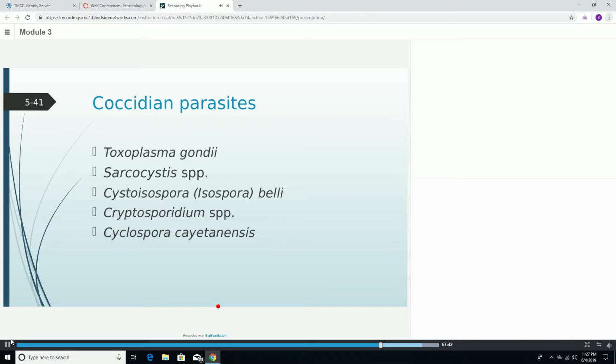So let's just jump into them. Some of the parasites that fall into this class are Toxoplasma gondii, Sarcocystis species, Cyclospora or Isospora belli, Cryptosporidium species, and Cyclospora cayetanensis.